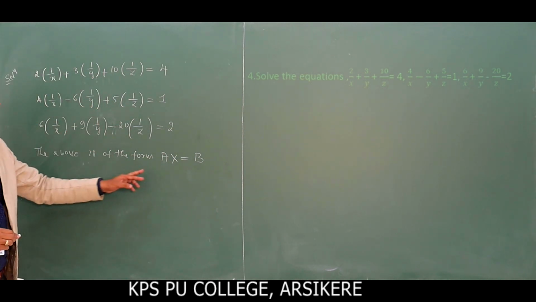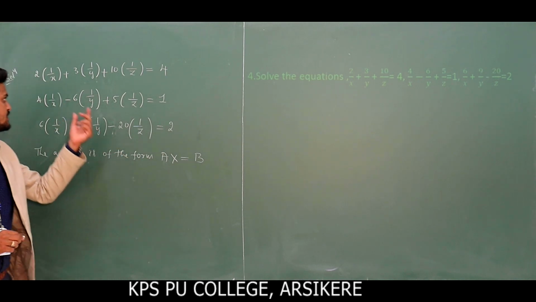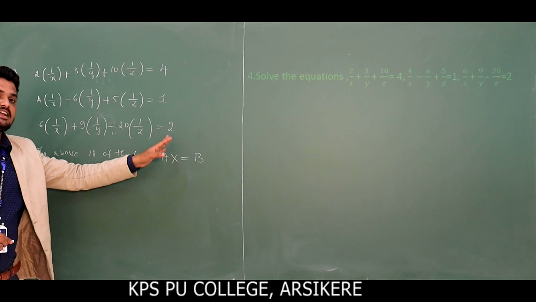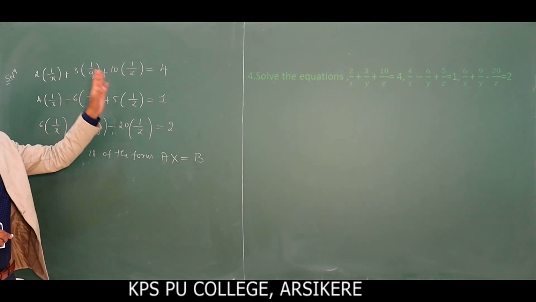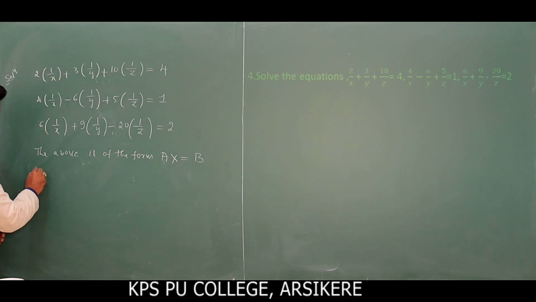where A is nothing but the coefficients of x, y, z, and X is nothing but the variables, so three variables x, y, z. Next, B is nothing but the constant terms.